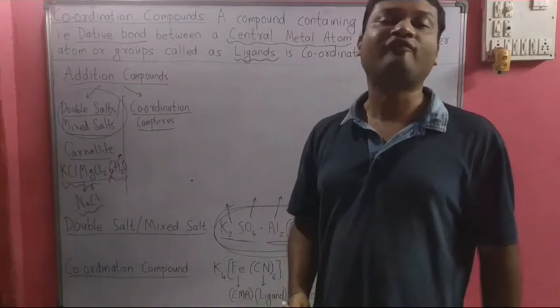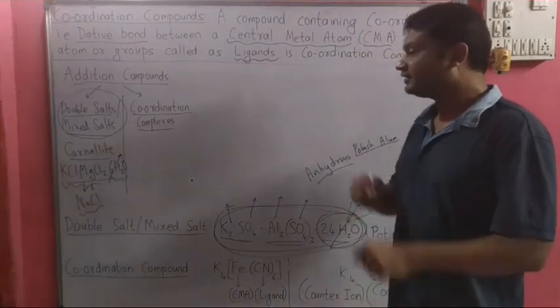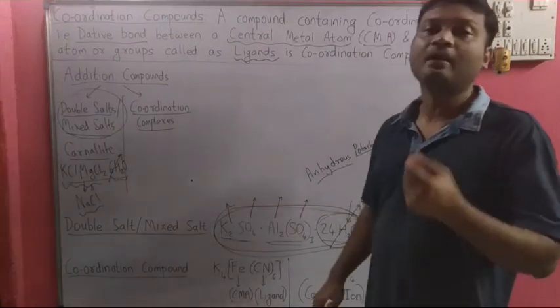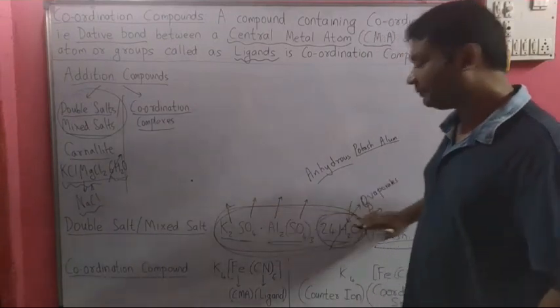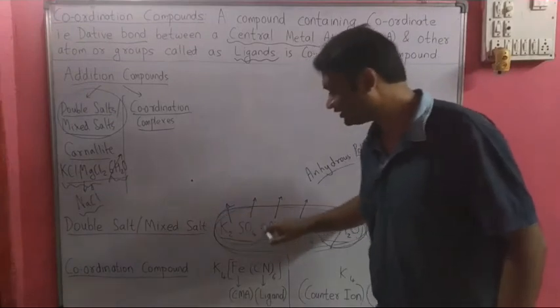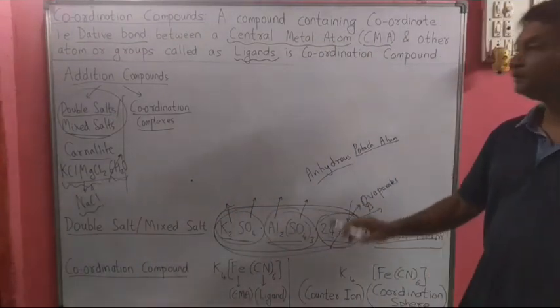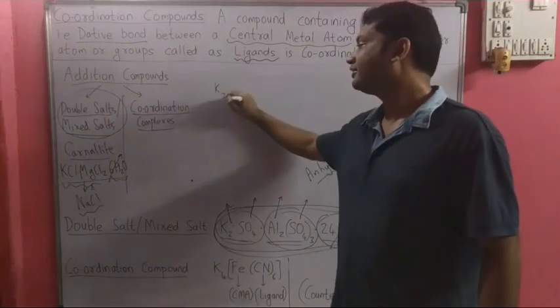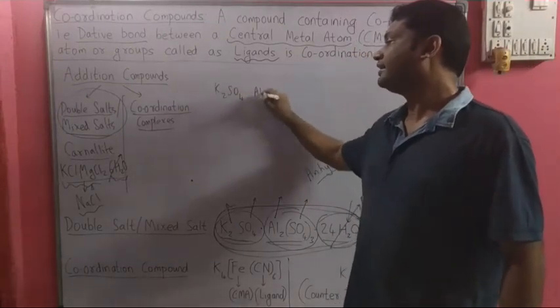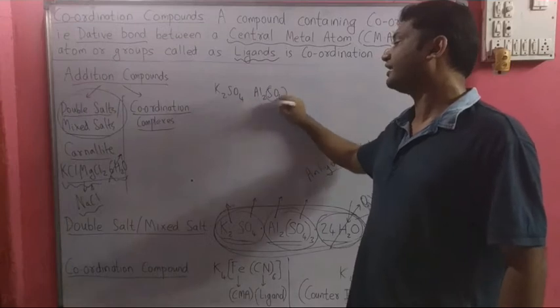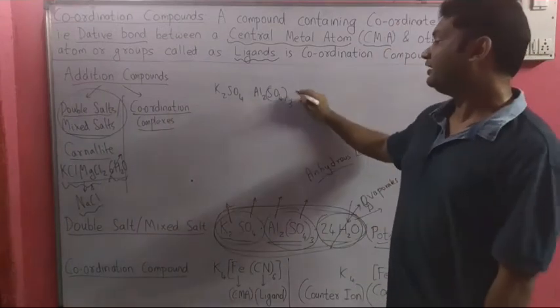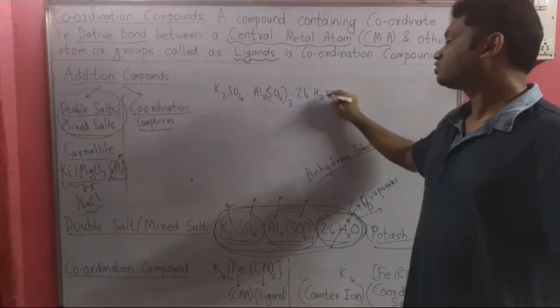Now, what is the property of a double salt? Take potash alum, a double salt. We have two salts in it, K2SO4 and Al2(SO4)3, with 24 H2O.